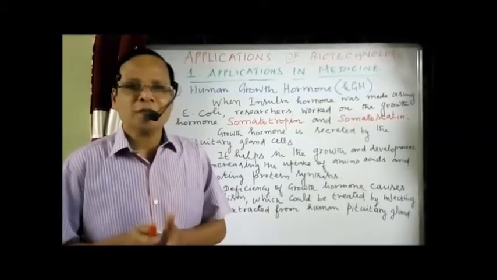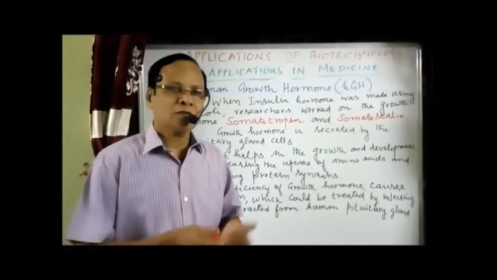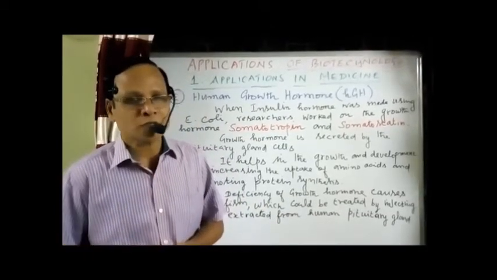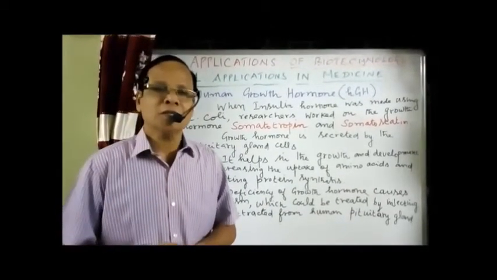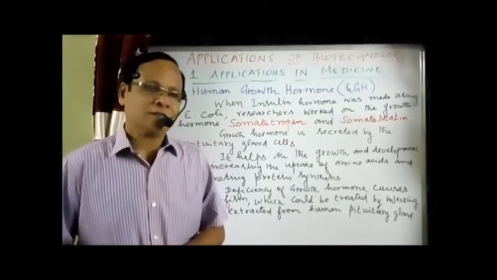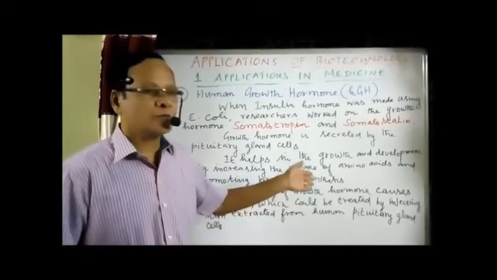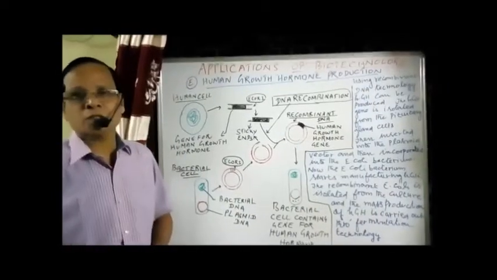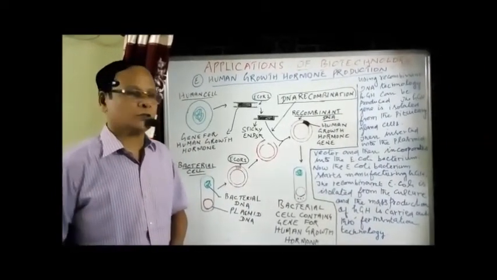The same method that we used for human insulin hormone. In the same way we carry out the process of recombinant DNA technology, producing the hormone. I will represent it in the form of a picture. Through recombinant DNA technology, the growth hormone has been produced.